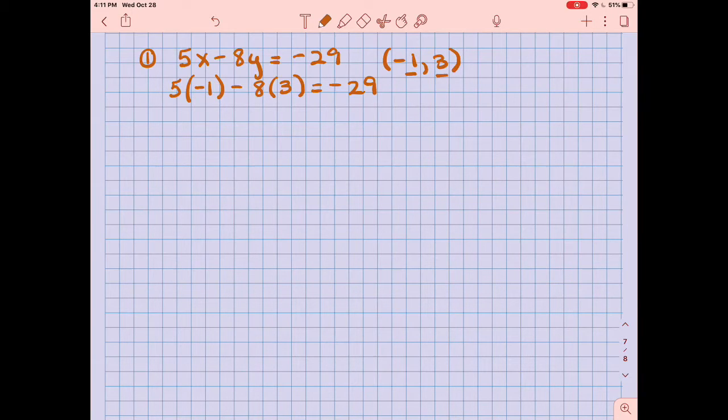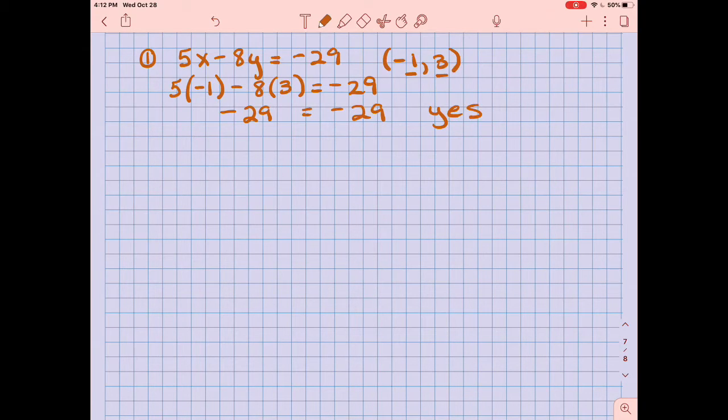And then I'm going to use my calculator here to do this. 5 times -1, I have a sticky calculator, minus 8 times 3, and see what that is. Okay, and I actually did get -29 equals -29, and so I would say yes, that definitely works.